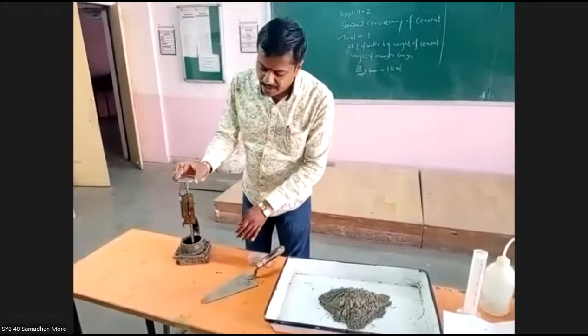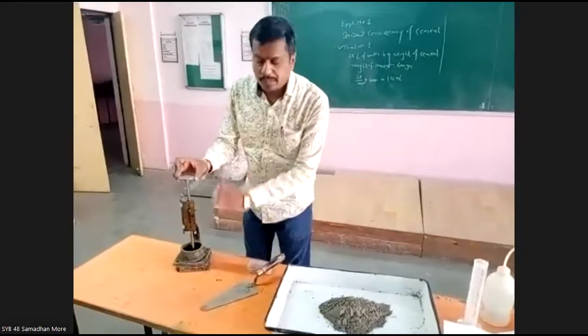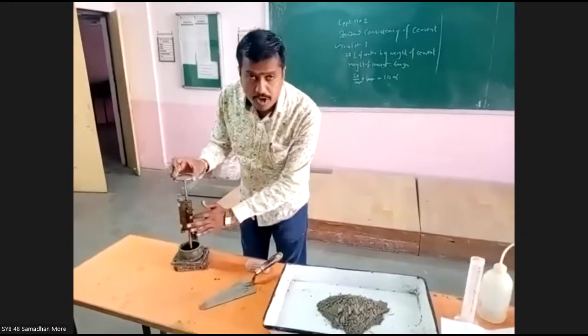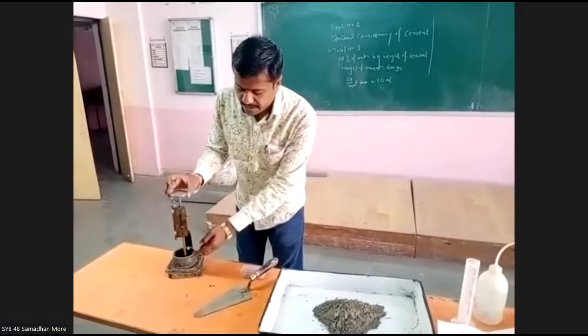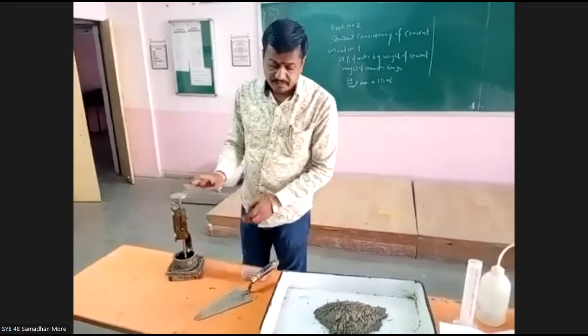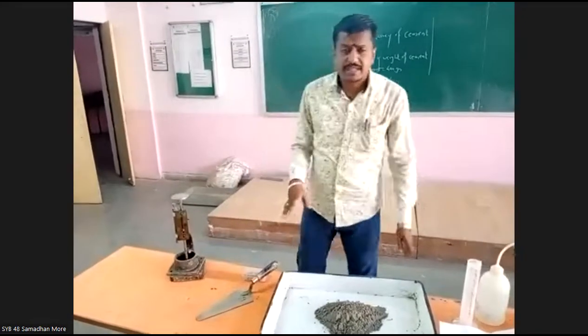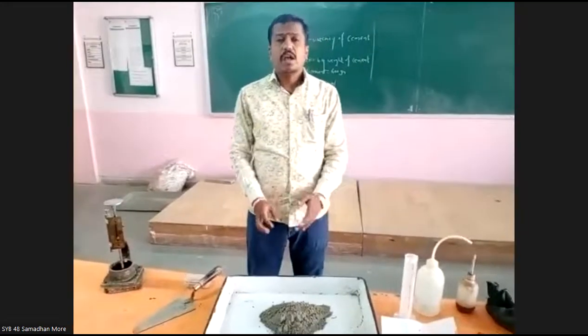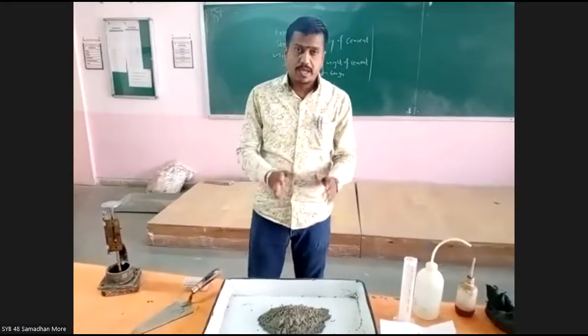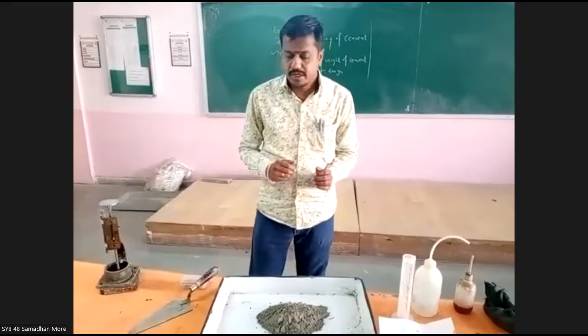If the penetration of the plunger from top is 32 to 35 mm, or from the bottom it is 5 to 7. If we are getting that reading, that is nothing but our standard test. That is the exact quantity of water that we require to prepare a good workable paste. Okay, that is the first.